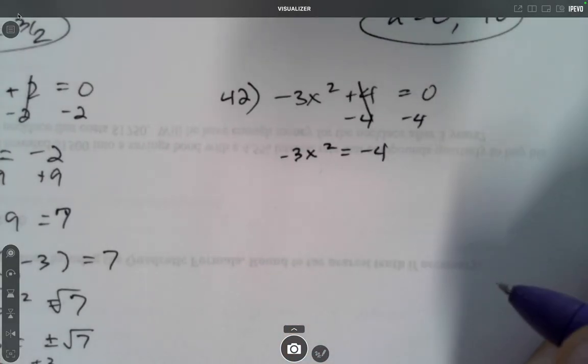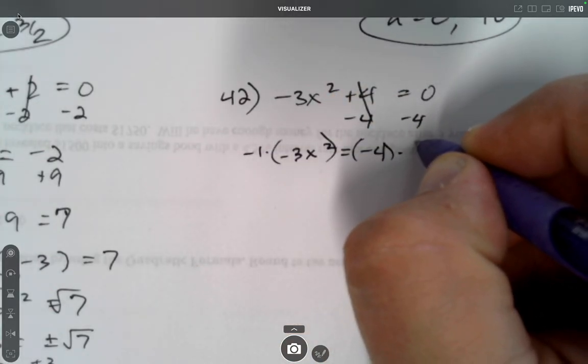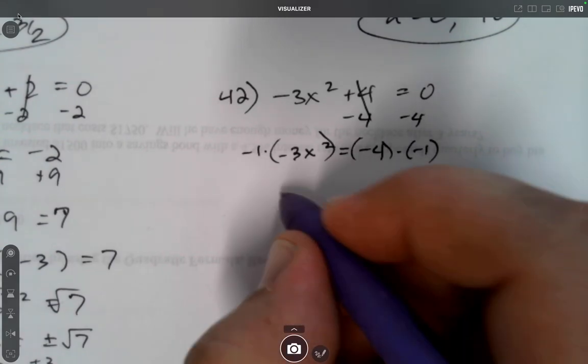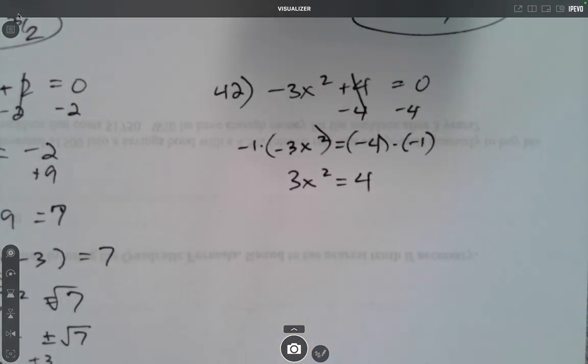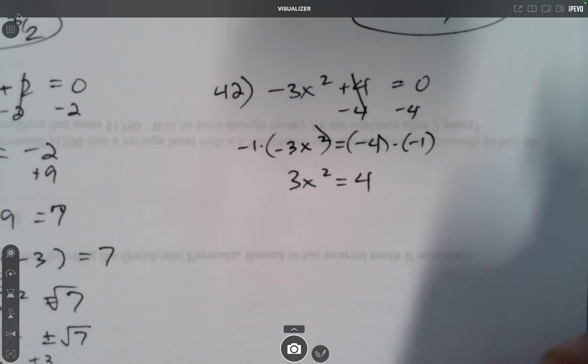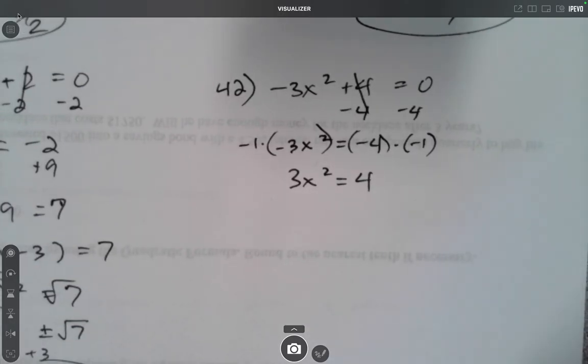And we want the squared term to be positive, so we'll multiply both sides by -1. Gives us +3x squared equals +4. Then there are other ways to solve this, but since we're told to do it by completing the square, I'm going to use that method.